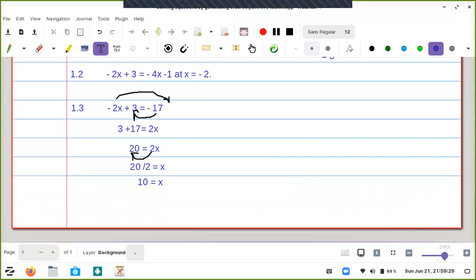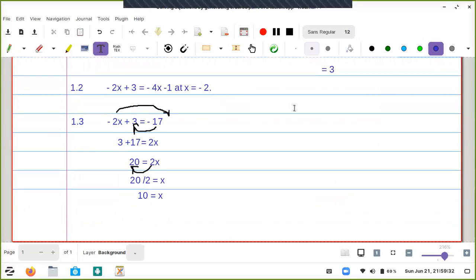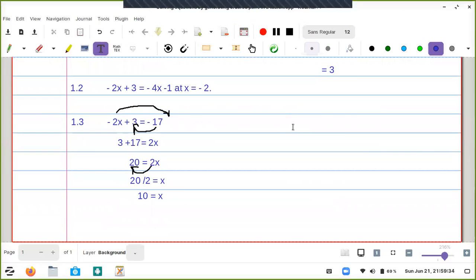I'm completing my table now to say for x equals 10, what is the value that is going to be produced from the second expression?